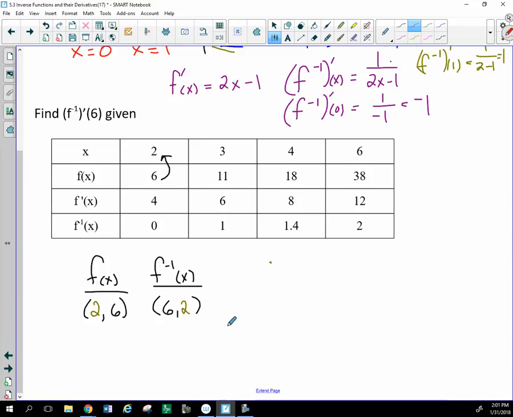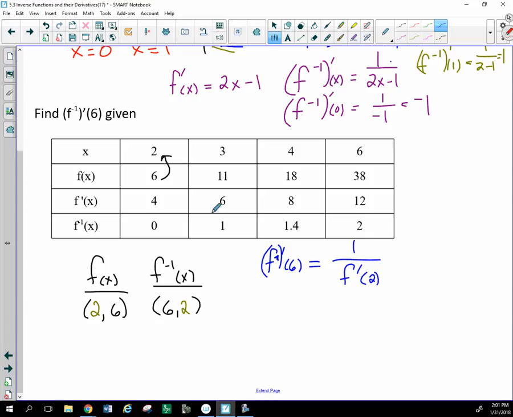So to find the derivative of the inverse function at 6, it's the same as saying 1 over the derivative of the original function at, in this case, the x value of 2.